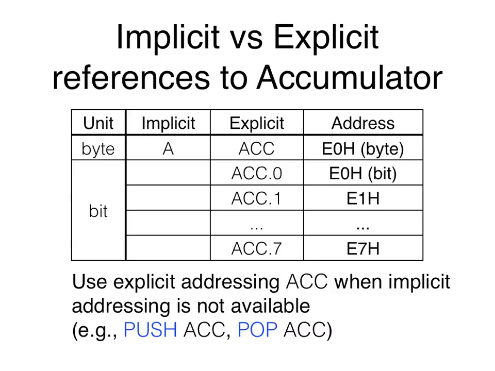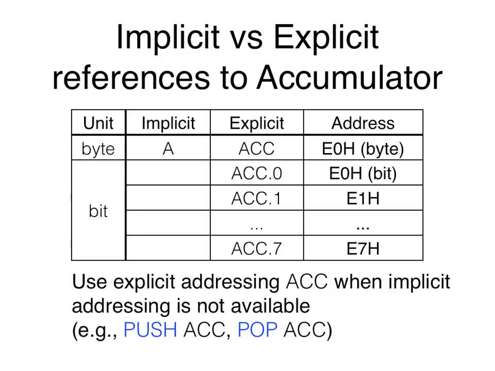And also, remember if you have to push or pop with the accumulator, you can't say push A or pop A. You have to say push ACC or pop ACC. That's because push or pop require an explicit byte address. And so if you just say A, it says, well, you want it to be part of the push or pop instruction.